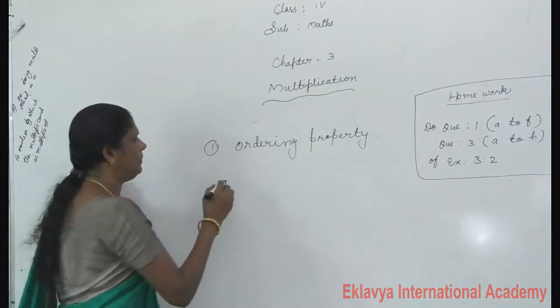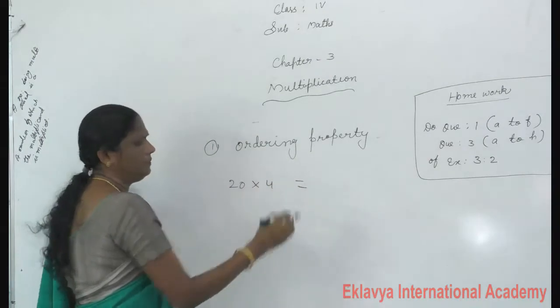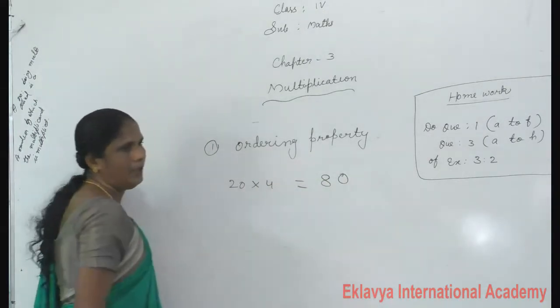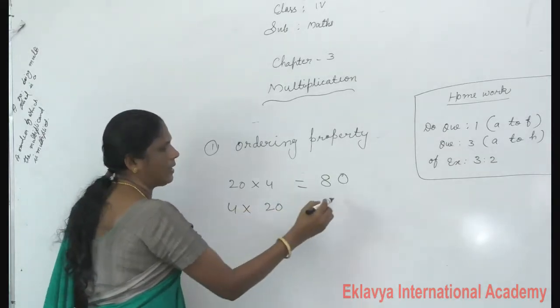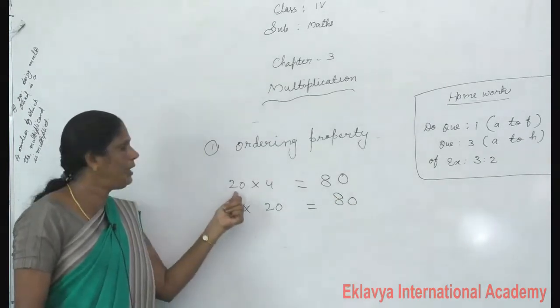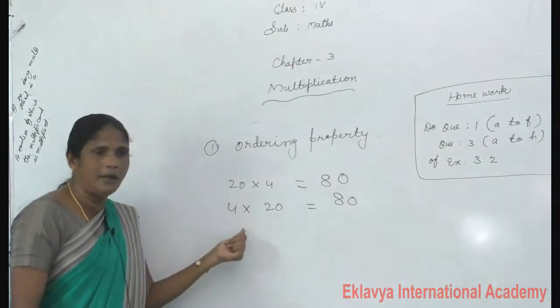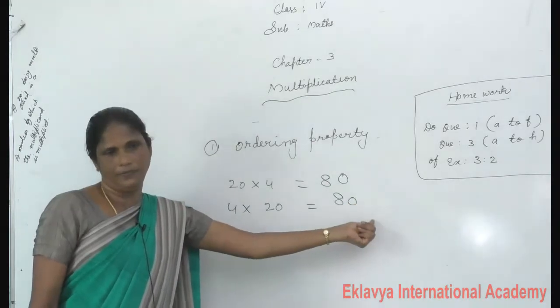For example, 20 multiply 4 is equal to 80. 4 multiply 20 is equal to 80. First I write 20 multiply 4 is equal to 80, then second I write 4 multiply 20 is equal to 80.